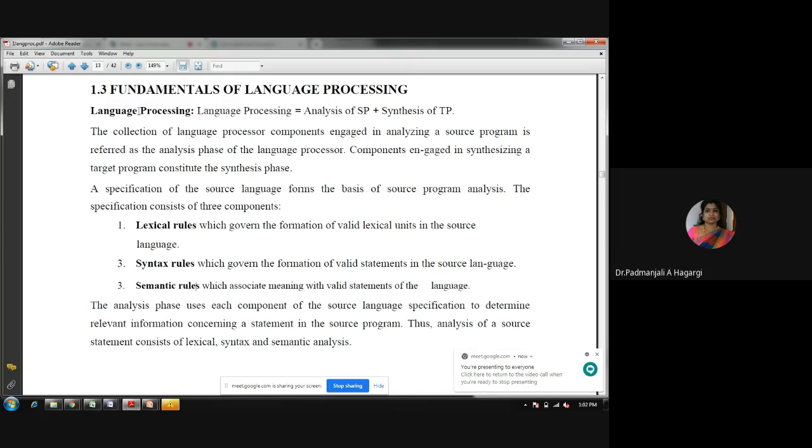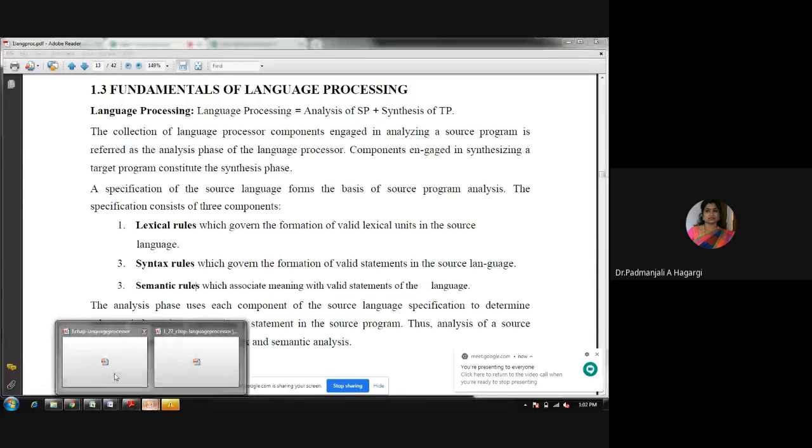See, the fundamentals of language processing. The language processing is being divided again into two. We should understand the language processing in two phases, that is specification and target programming. That is what I have done here in the slides also.